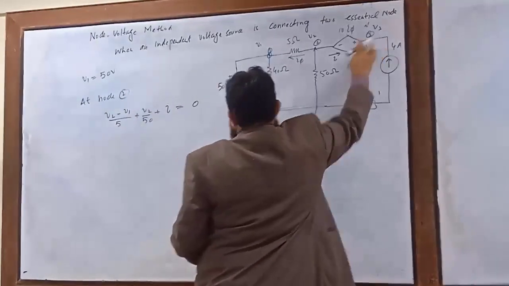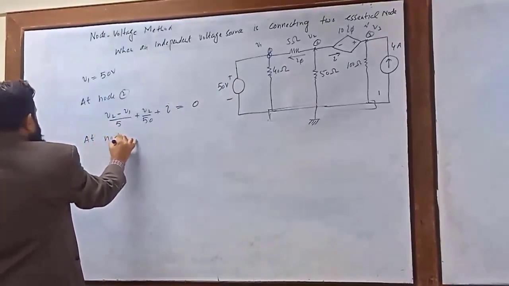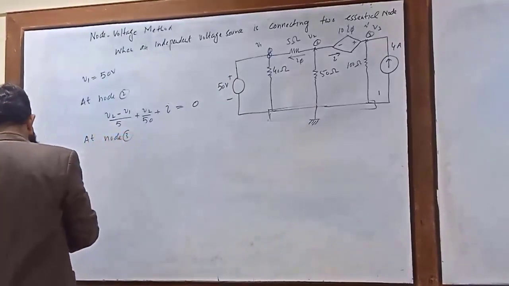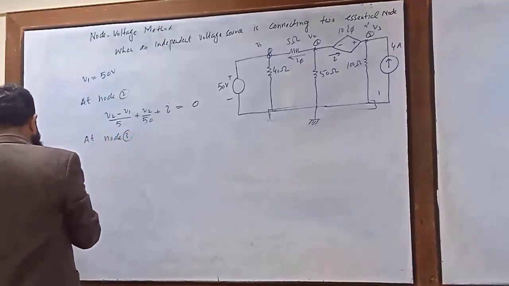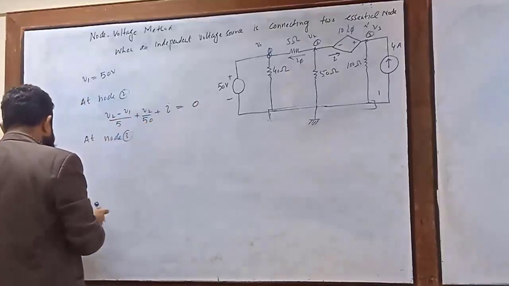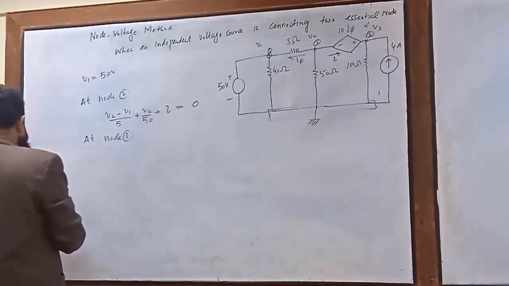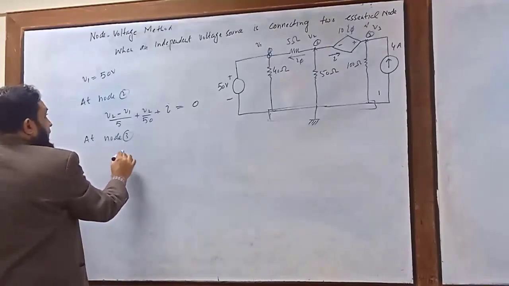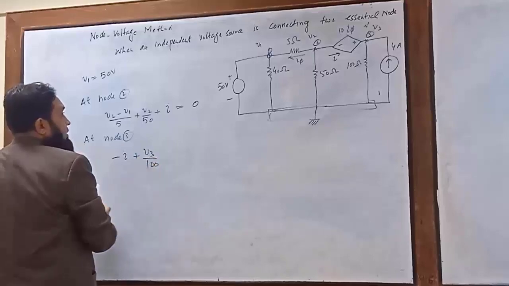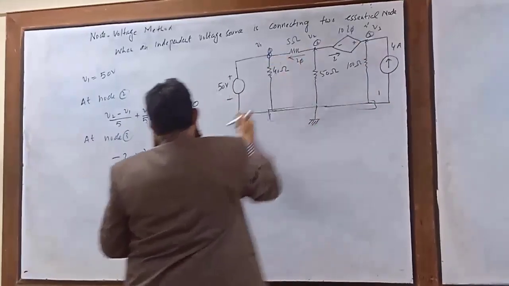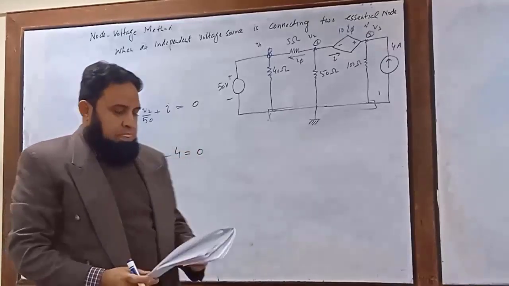Similarly, considering the equation at node 3, we can write this as the current entering at node 3: minus I plus V3 divided by 100, and this current is also entering, so we can now write it like this.